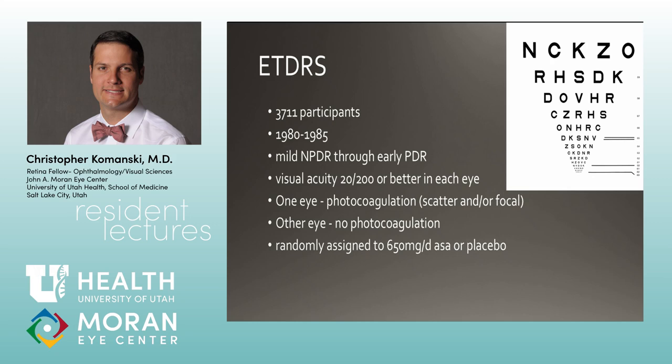It looked at the spectrum from mild NPDR all the way to PDR, and visual acuity had to be reasonable in each eye. One eye got photocoagulation, scatter and/or focal, and the other got none. They were also randomly assigned aspirin or placebo.